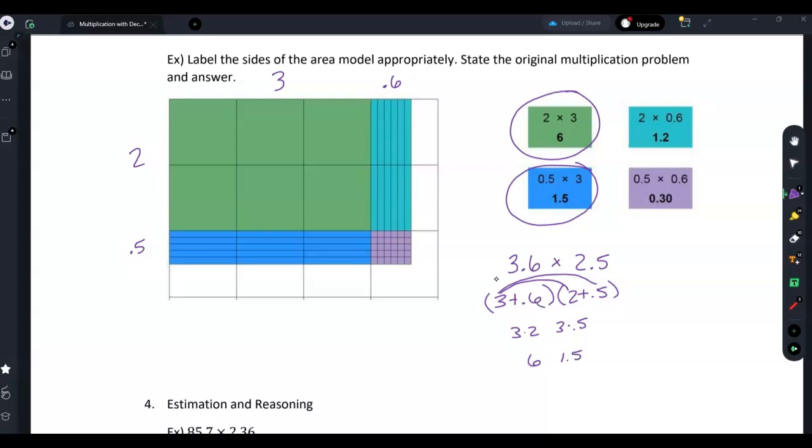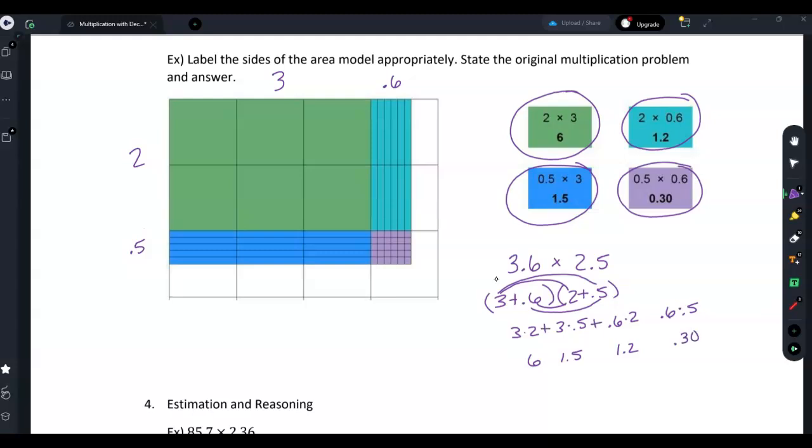And then if we do the inner terms, 6/10 times 2, that gives us this teal color box or light blue. So that's 1 2/10. And then finally, if we multiply our last term, 6/10 times 5/10 is 30, but then move the decimal. So we get 30 hundredths or 3/10, same thing.